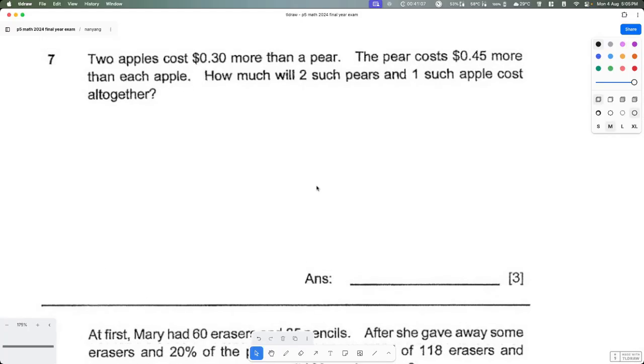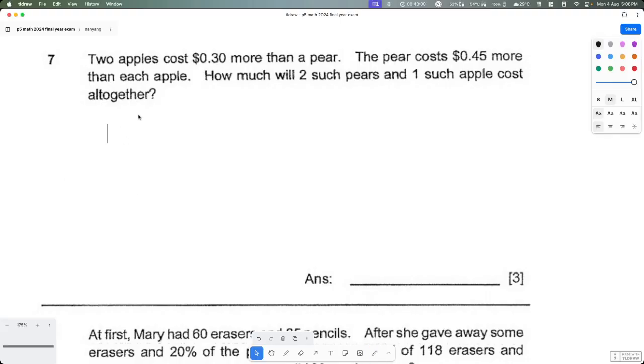Question number 7, right? Two apples cost 30 cents more than a pear. The pear costs 45 cents more than each apple. How much will two such pears and one such apple cost?